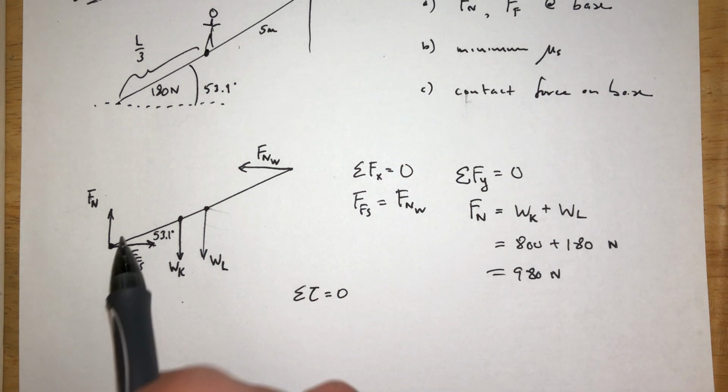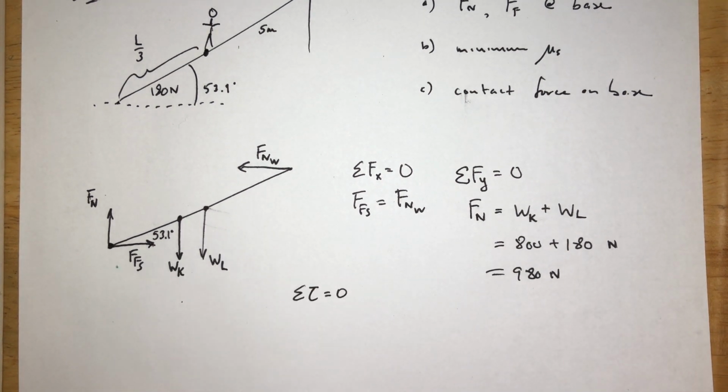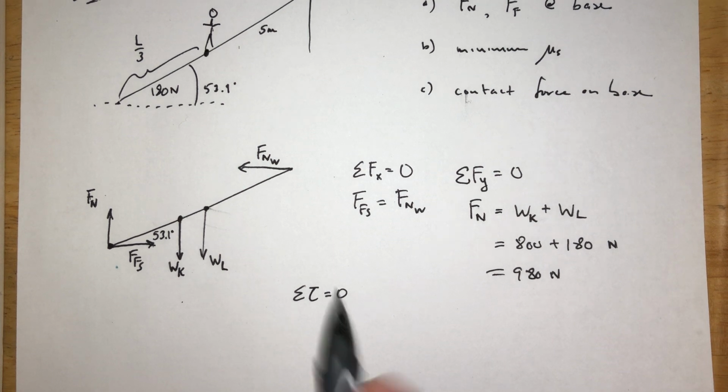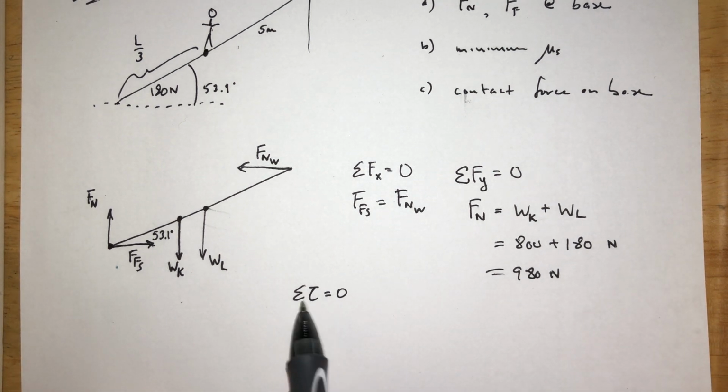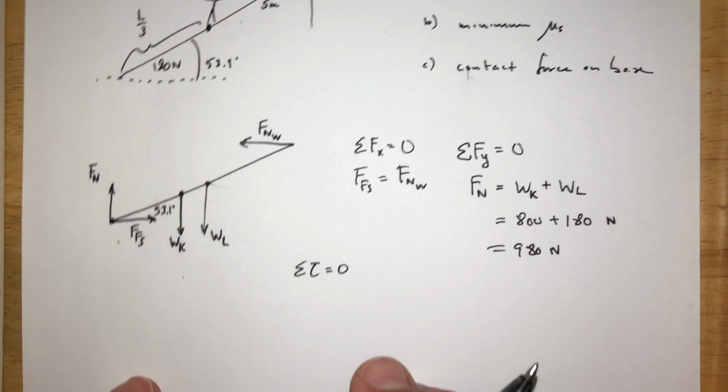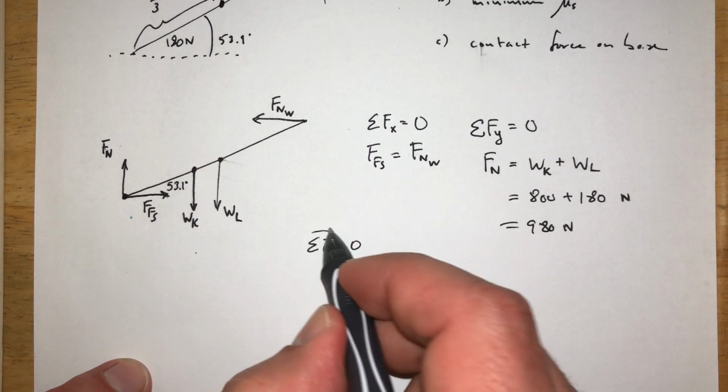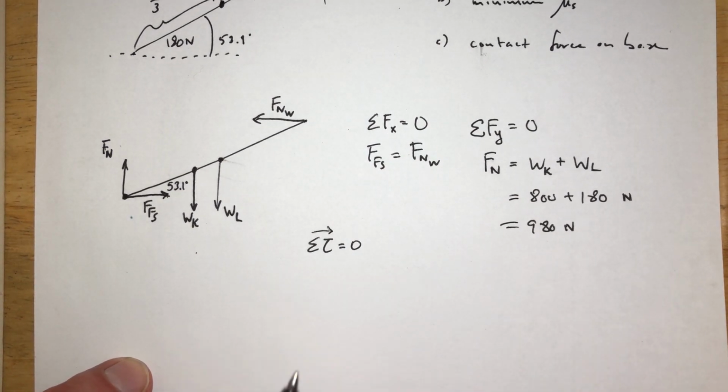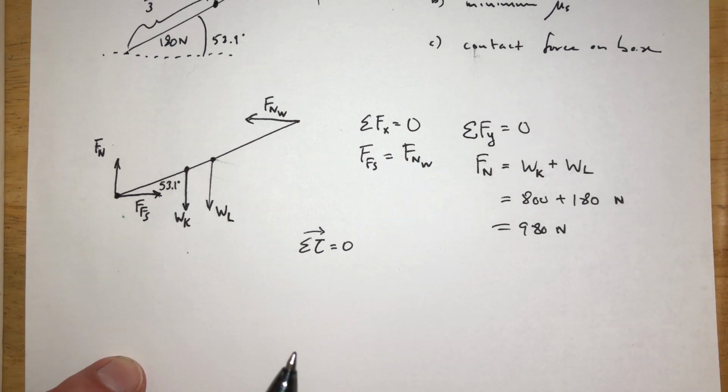Okay, so we've got 1, 2, 3, 4, 5 forces that are potentially exerting torque. Let's get a term for each one in the sum of the torques needs to be 0. Okay. So here we're going to use our formula for torque in terms of force that we developed on Tuesday.